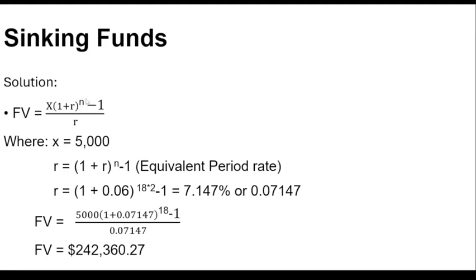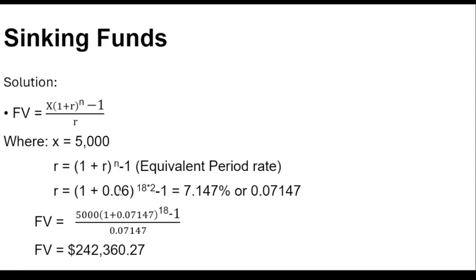That is because the n here is the number of years we are expecting the money to sit in the investment account, and it is not talking about 6 months. It is 18 years. So we need to convert the 6% into an equivalent period rate of 18 years, and that is what we have here.